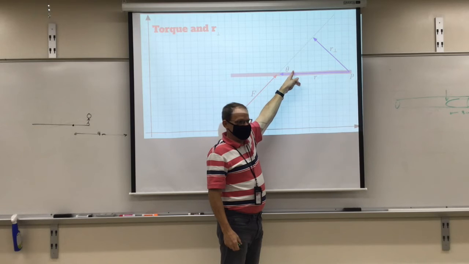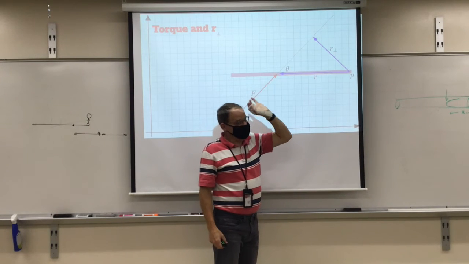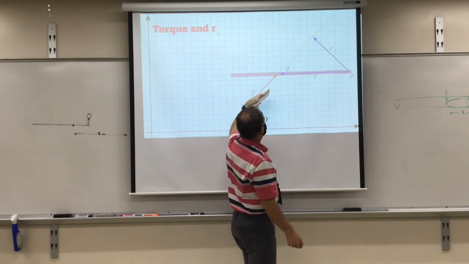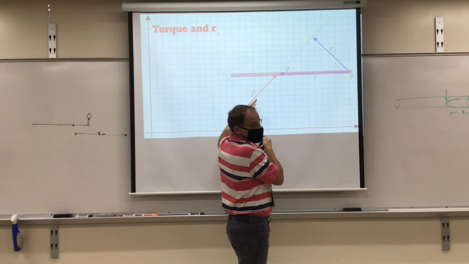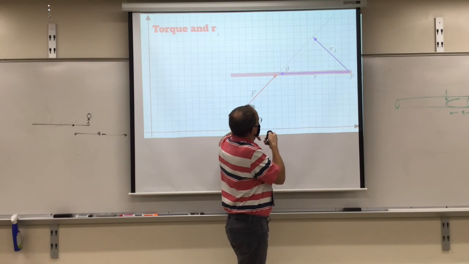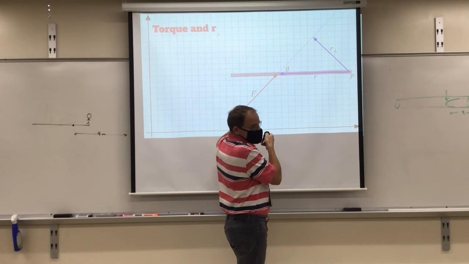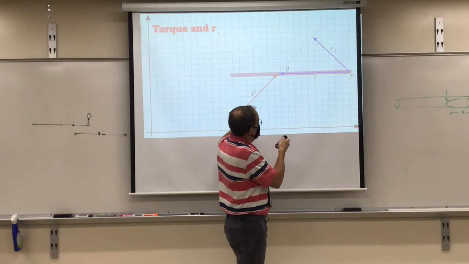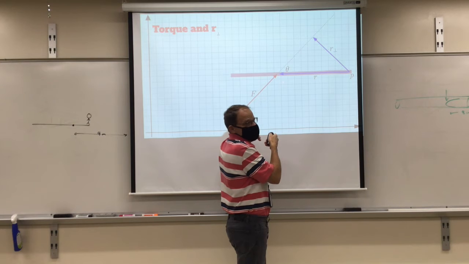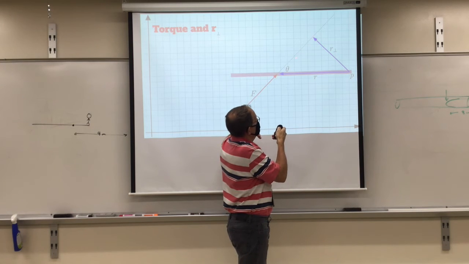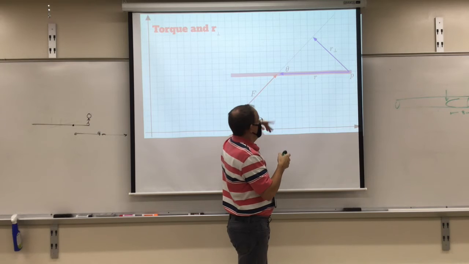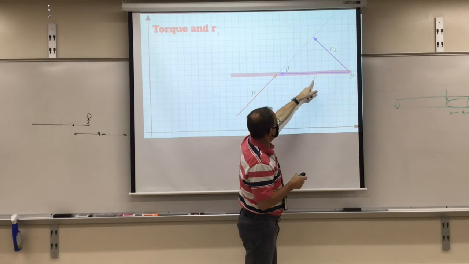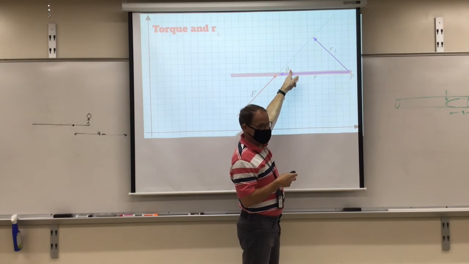Okay? Now, one way to think about it is this. Can you imagine that force continued acting? Applying the force at this point, that far from the pivot, gives you the same torque as if it was perpendicularly applied that distance. This is going to be F times R times the sine of theta.